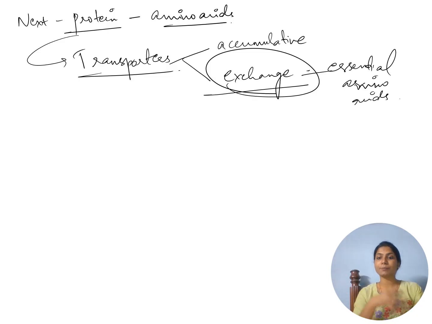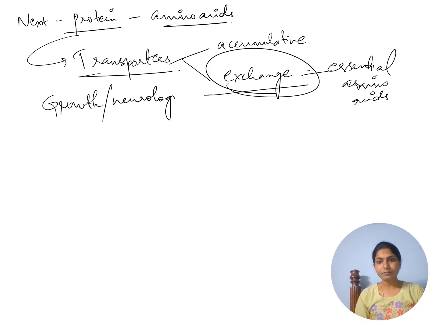As with fats, essential fatty acids like docosahexaenoic acid are preferentially shunted to the fetus. The same way, the exchange transporters of amino acids shunt the essential amino acids into the fetal circulation, and these are also very important for fetal growth, especially neurological development.